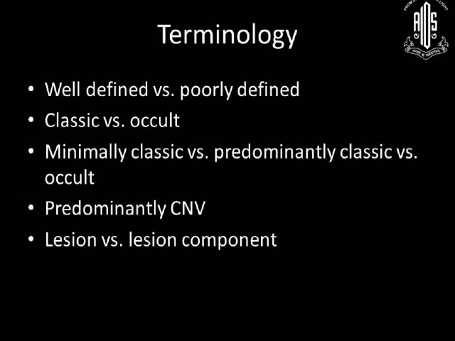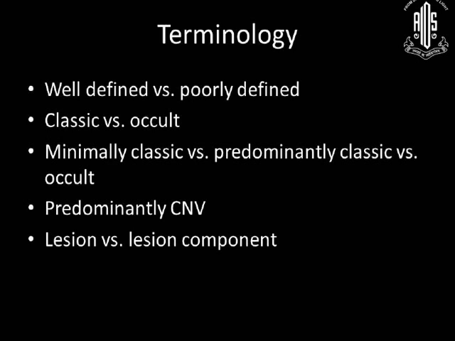We can have this pattern and differentiate well defined and poorly defined. Classic versus occult, concealed or revealed, or we can say classic pattern of fluorescein angiography in ARMD and occult. Then minimally classic versus predominantly classic versus occult. We can again differentiate with the fluorescein angiography pattern.